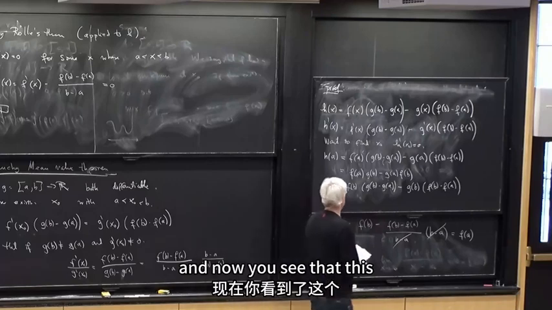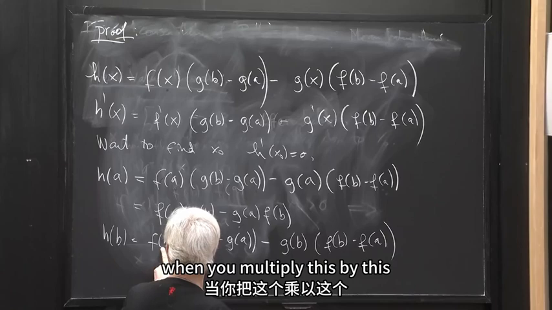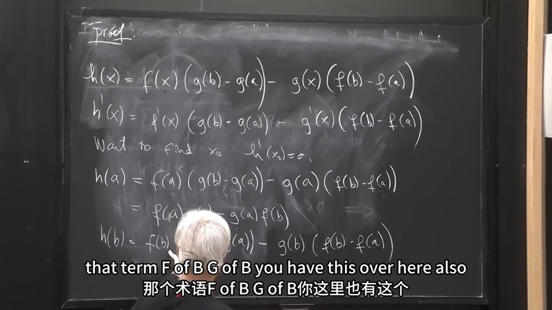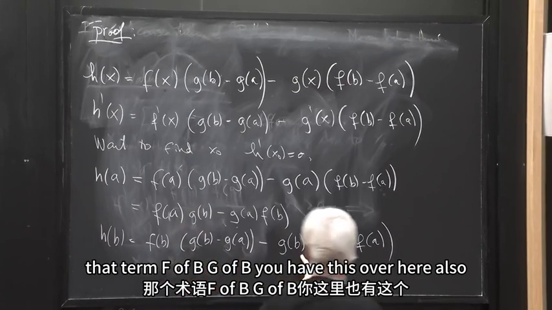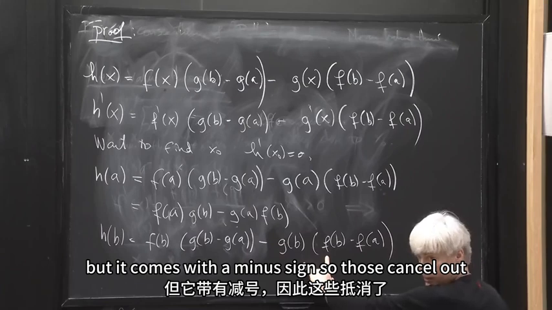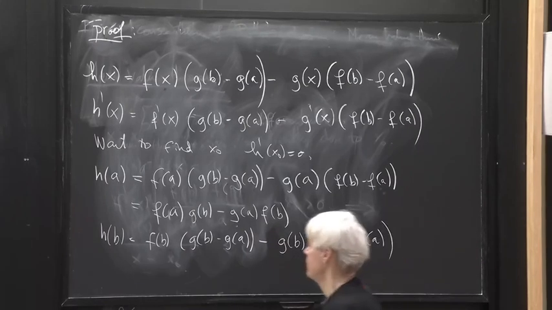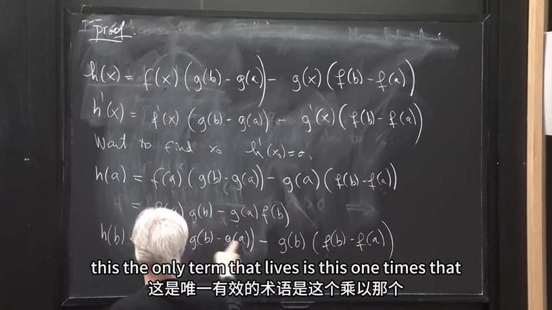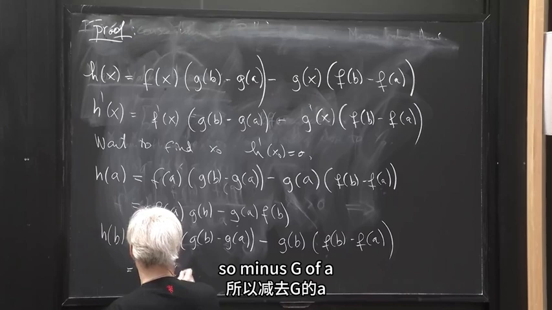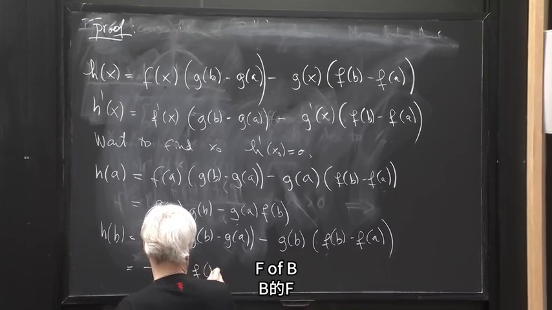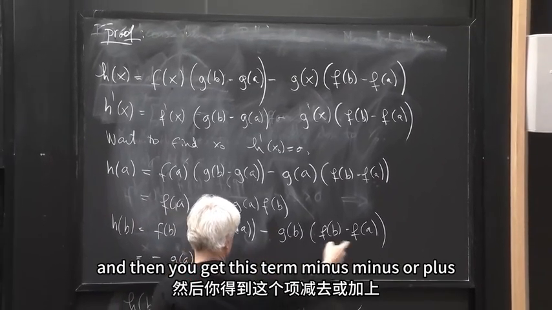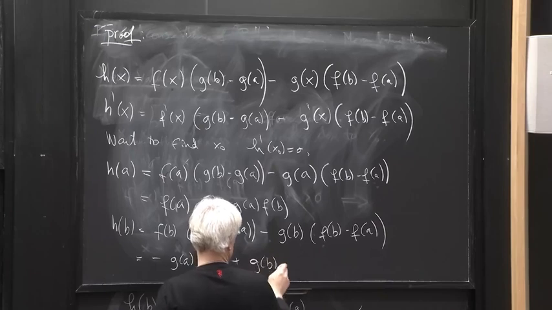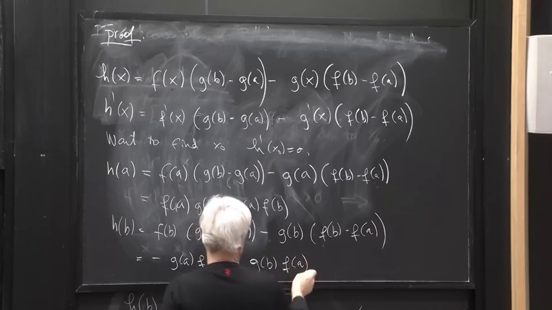And now you see that when you multiply this by this, that term, f of b, g of b, you have this over here also, but it comes with a minus sign, so those cancel out. And so the only term that lives is this one times that, so minus g of a, f of b, and then you get this term, minus minus, or plus g of b, f of a.